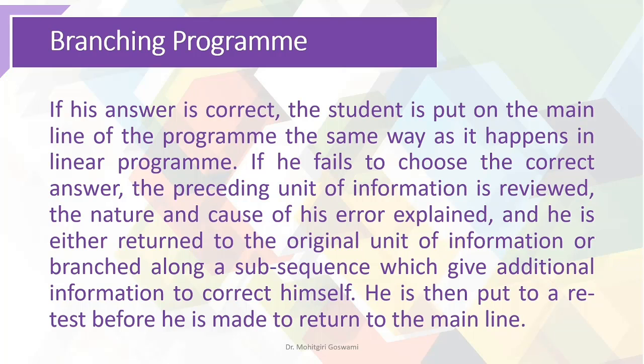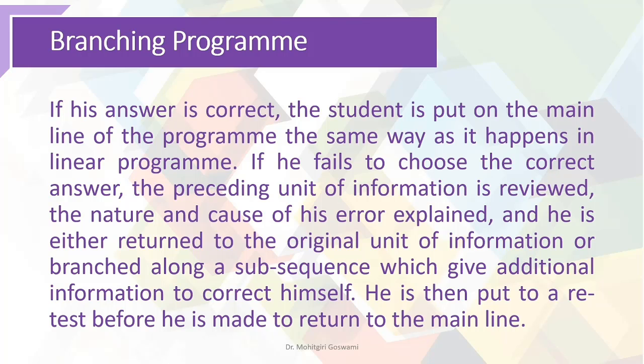But if he fails to choose the correct answer, the preceding unit of information is reviewed, the nature and cause of his error explained, and he is either returned to the original unit of the information or branched along a subsequence which gives additional information to correct himself.